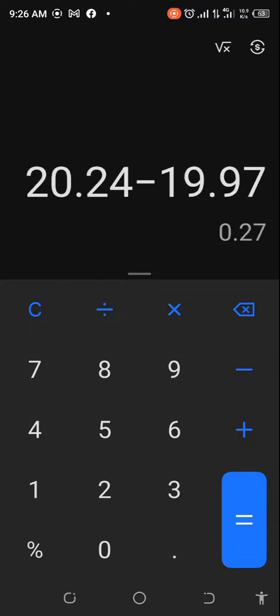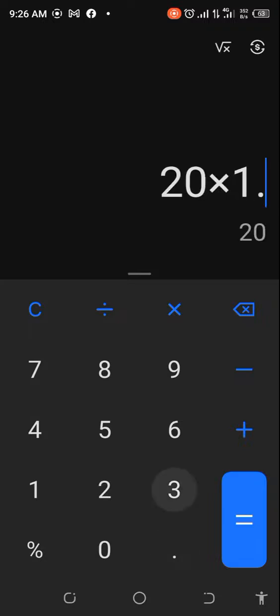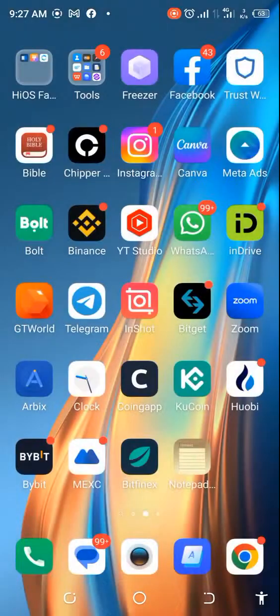So we've got like 27 cents. So 27 cents over our 20 USDT is about 1.35%. That means we had a profit potential of 1.35%, which is not bad, right?